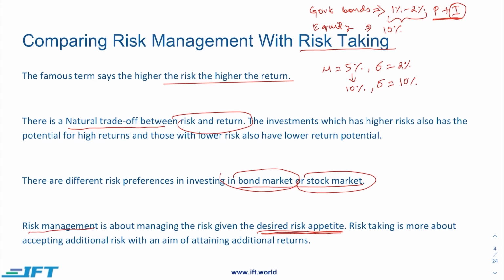And risk taking is more about accepting the additional risk while attaining that additional return. So if you want to increase your return from 5% to 10%, do you want to increase your risk from 2% to 10% or not? This is something that will define your risk ability and your risk management strategies.